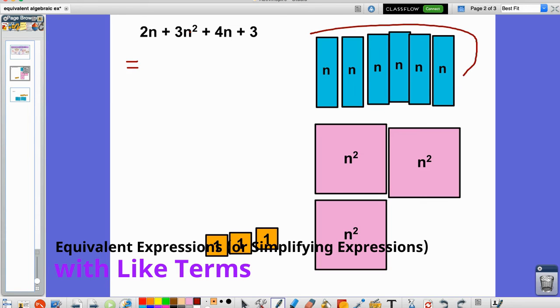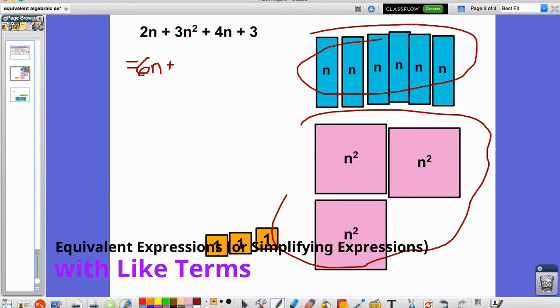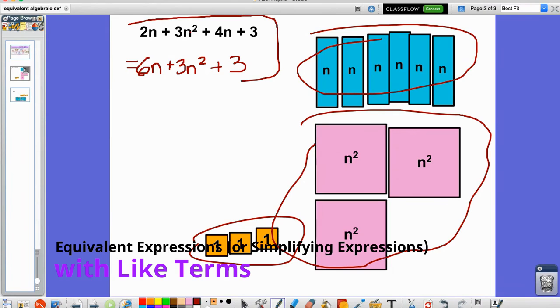I have 6 groups of n, plus 3 groups of n to the 2nd power, plus the 3. We just came up with equivalent expressions. These are 2 expressions that are equal, or equivalent, to each other.